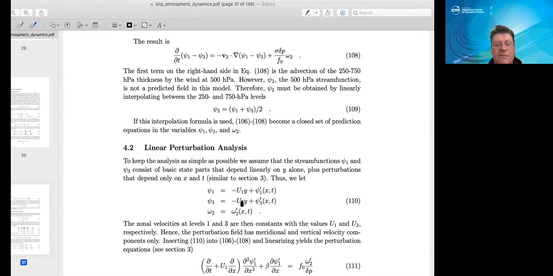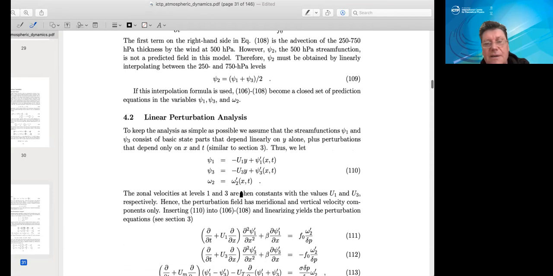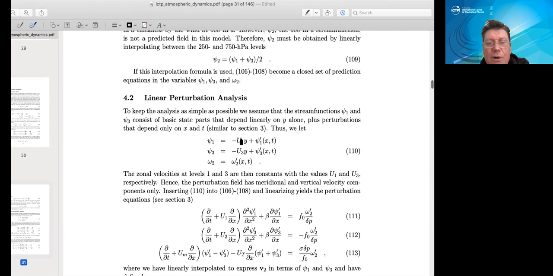But as you can see, we use something interesting here, different from what we have done for our barotropic Rossby waves, because we allow the mean velocity at level 1 and at level 3 to be different. They can be the same, and we will make use of this property later in the discussion, but in principle they can be different.